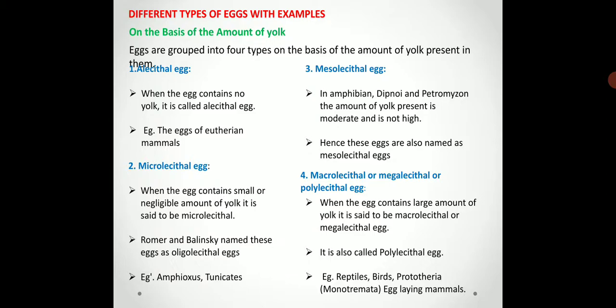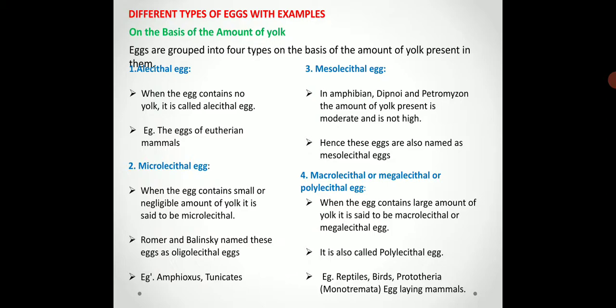Third is the Mesolecithal egg. What you find in amphibians, dipnoi and petromyzon, the amount of yolk present is moderate and not too high. Hence, these eggs are named Mesolecithal eggs. Fourth is macro, mega or poly.